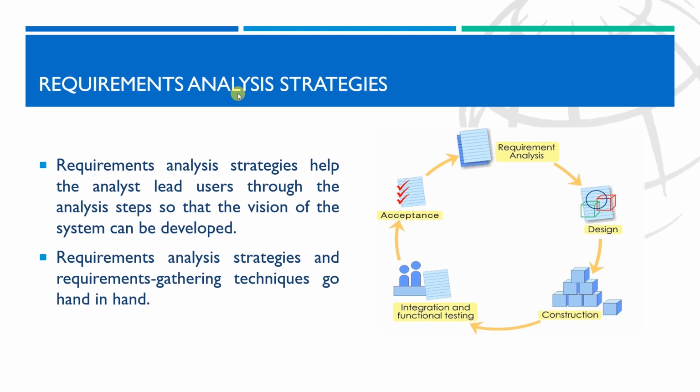The basic process of analysis is divided into 3 steps: understanding the as-is system, identifying improvements, and developing requirements for the to-be system.